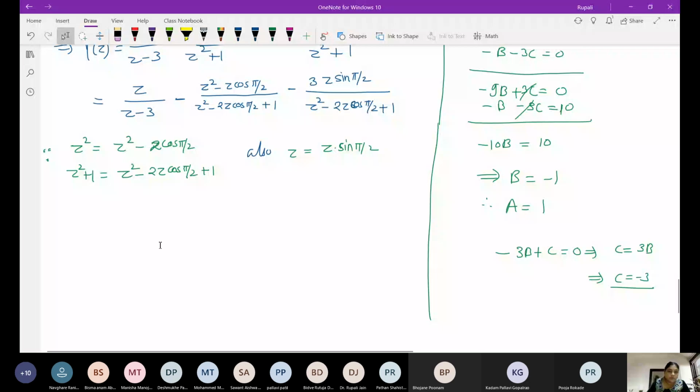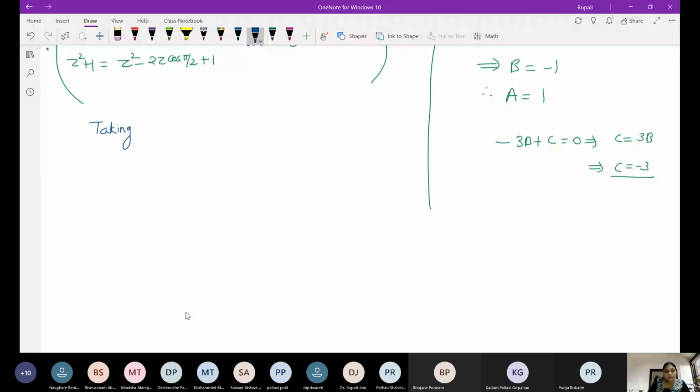Now taking inverse z transform on both sides.